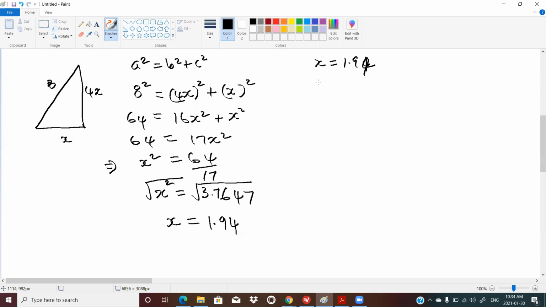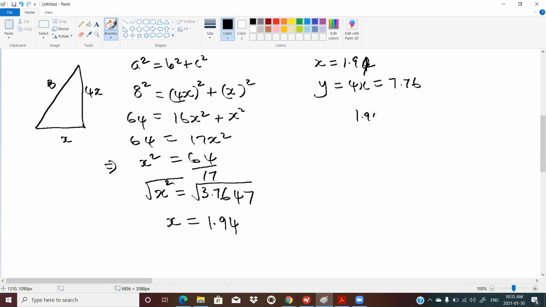Let me call the other side y equal 4x, which is 7.76. If we take the square of these things, it should come close to 64, right?